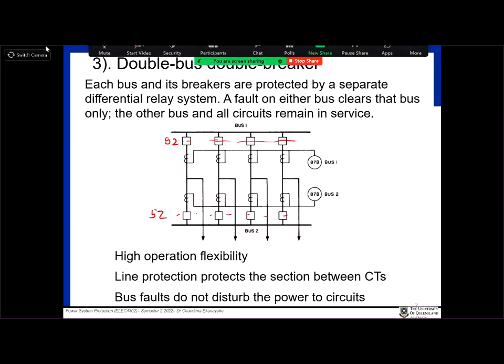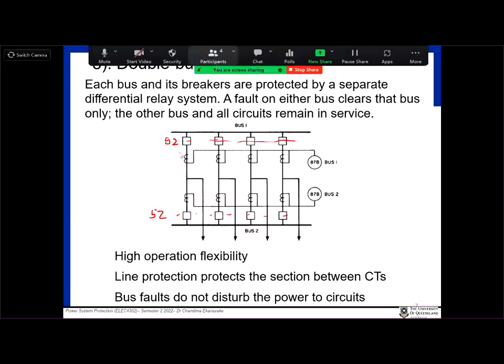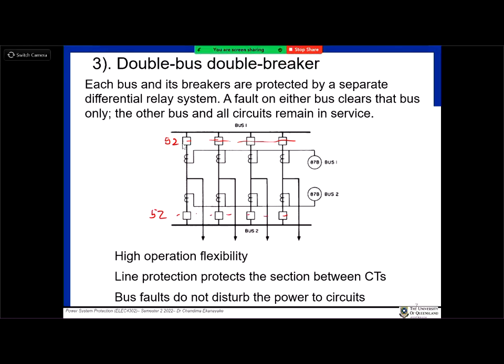Now, you can see that these breakers will operate individually. As an example, if there is a fault on bus 2, these breakers will disconnect the bus. But you can see that still this guy can provide the power. Very reliable, right? High operation flexibility.